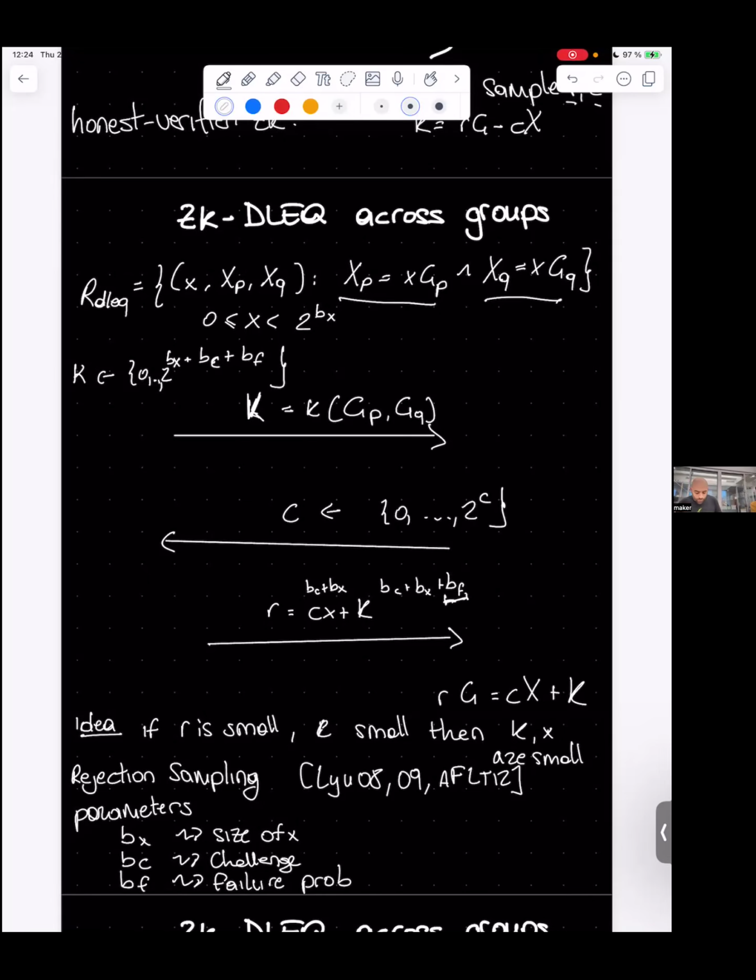And whenever I add them, then R will have, roughly speaking, BC plus BX plus BF bits, plus 1. And at this point, I will play with these parameters a little bit in order for R to be still smaller than the size of P and the size of Q.